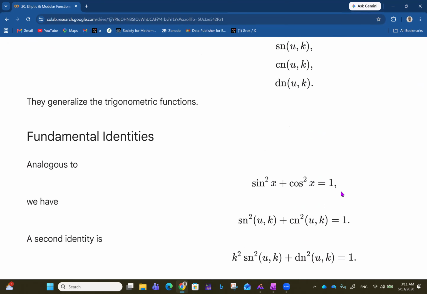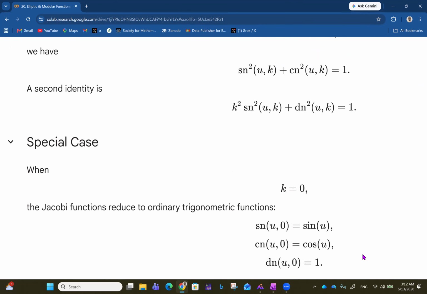Treating trigonometry, we saw this a lot, and this particular identity is very useful for resolving many trigonometric problems. So just like that, we have Sn squared(u, k) plus Cn squared(u, k) equal to 1. A second identity will be that k squared Sn squared(u, k) plus Dn squared(u, k) would also be 1.